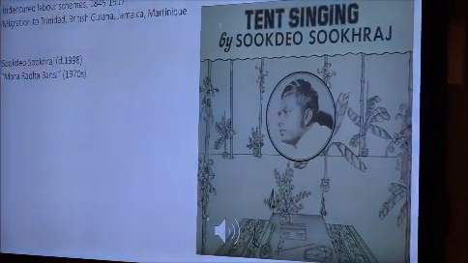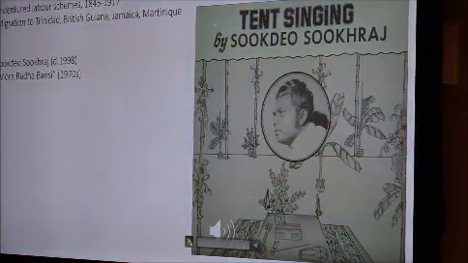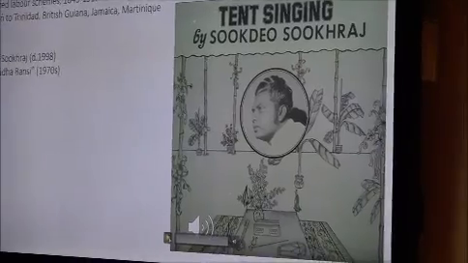And Kempter takes on a different life, and I'm going to play you one example, Sukhdeo Sukhraj's Mora Radha Banshi from the 1970s, which is a particularly beautiful example of Kempter as a Caribbean classic genre.